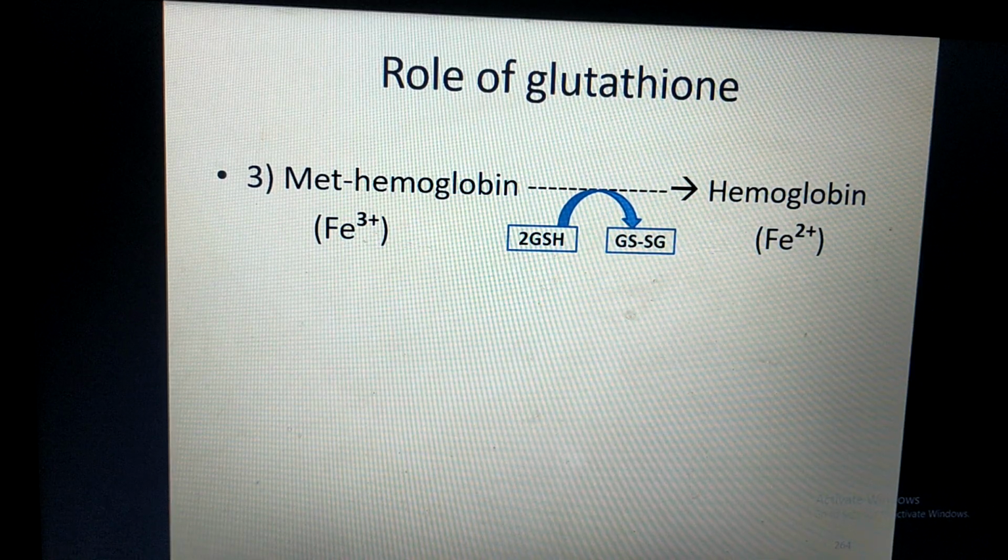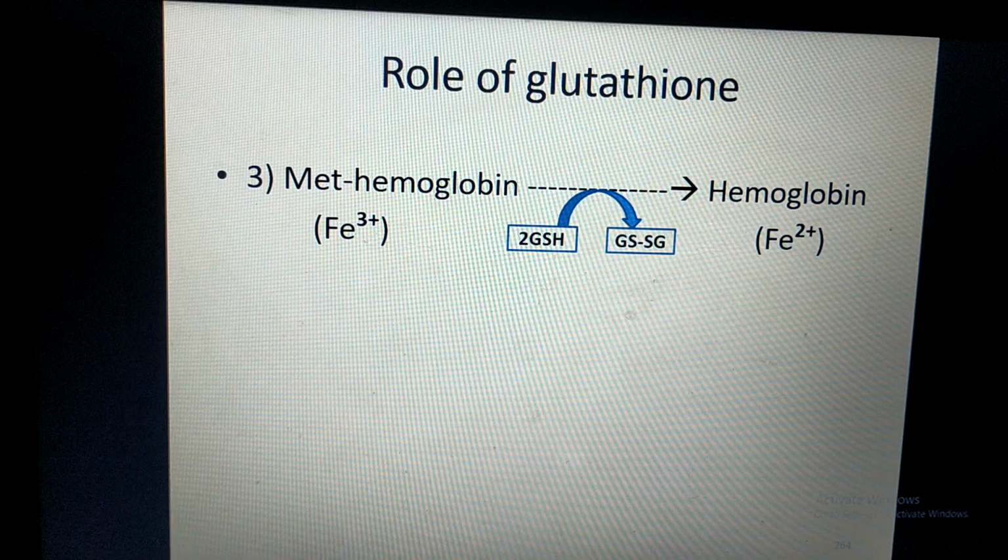Next role of glutathione is conversion of methemoglobin to hemoglobin. The difference between methemoglobin and hemoglobin is that in methemoglobin iron is in the ferric state, whereas in hemoglobin iron is in the ferrous state. Ferric iron is pentavalent, ferrous iron is hexavalent. So this hexavalent ferrous iron has 6 valencies. With 5 valencies it combines with the globin chain, and with the 6th valency it combines with an oxygen molecule.